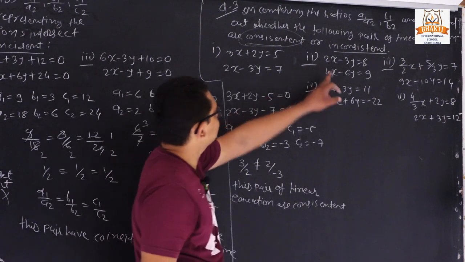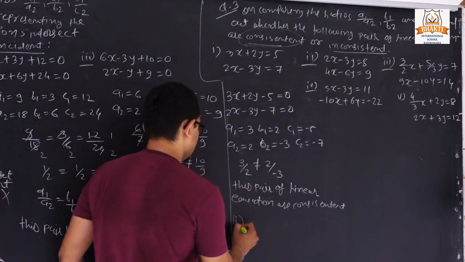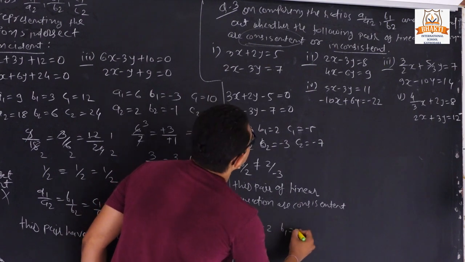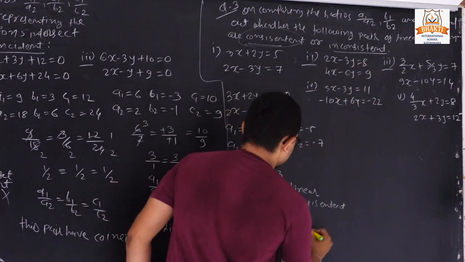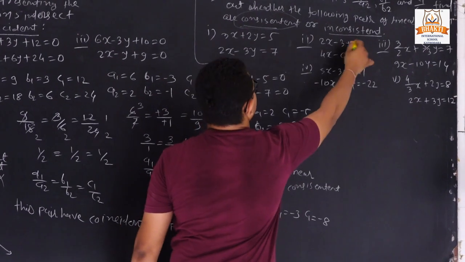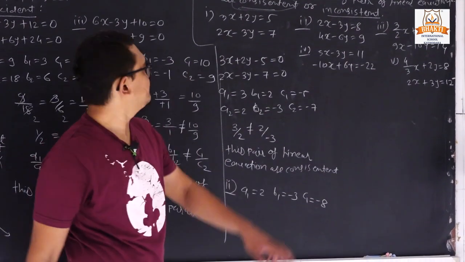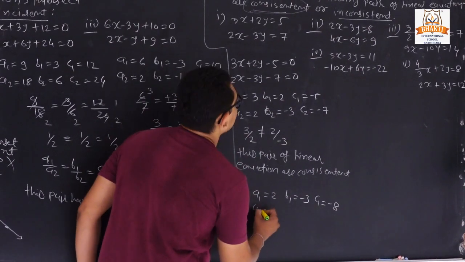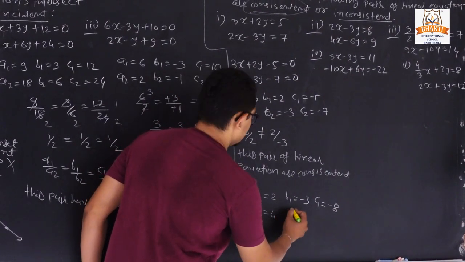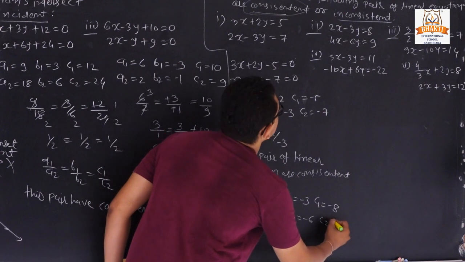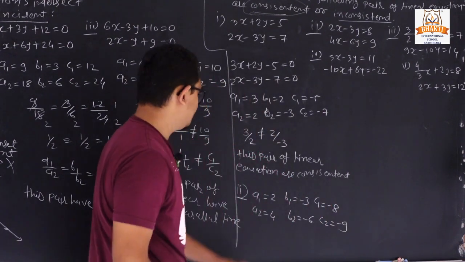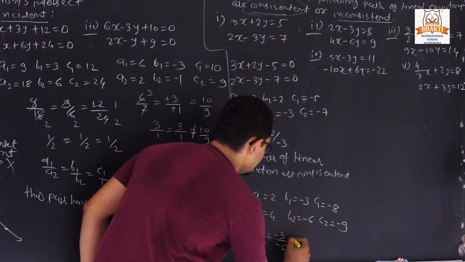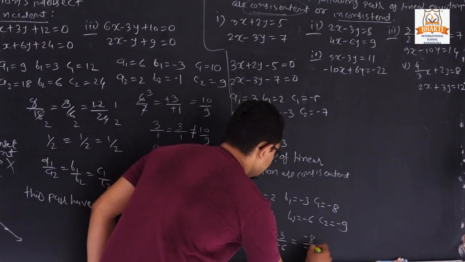Now for the second, once again A1 is 2, B1 is minus 3, and C1 is minus 8, because it is going to the second side. First of all we need to convert into standard form, same as our question number 1. A2 is 4, B2 is minus 6 and C2 is equal to minus 9. Now 2 by 4, minus 3 by minus 6 and minus 8 upon minus 9.